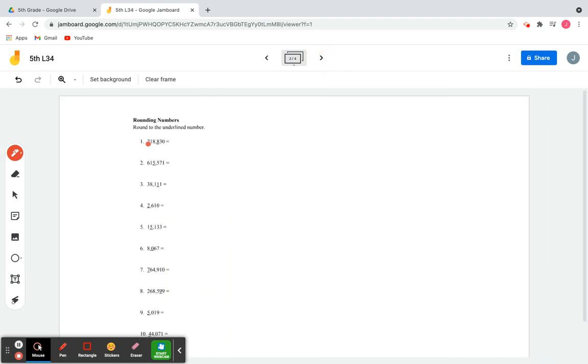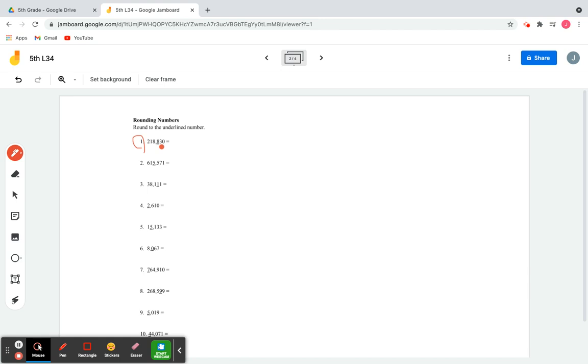And the next one we're going to do is rounding numbers. And let's work on number 1 together. So when we round the numbers, we always look at the number which is right next to the underlined one. So for this case, we have 8, which is underlined, so we're going to look at the number 3 here. If the number is less than 5, like 1, 2, 3, or 4, we're going to round it down.